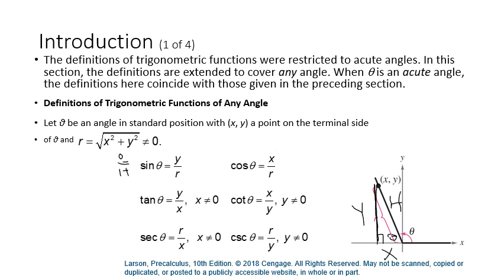Here I can remember that cosine is a over h, or x over r, because this is my adjacent side, and this is my opposite side. I can remember that tangent is O over A, which is O for Y, X for A, and then I can flip those here for the other 3 trig functions.